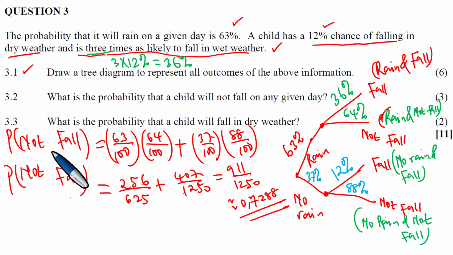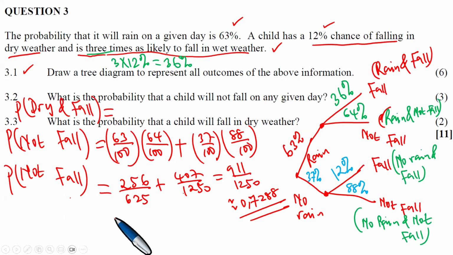3.3 says, what is the probability that the child will fall in dry weather? The probability of dry and fall: 37 over 100 times 88 over 100. All right, well done. So you are able to see that at this point, if it's dry there, the fall would be actually 12%.